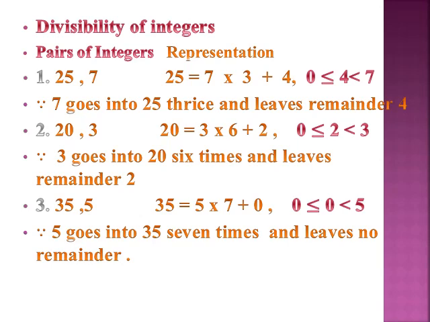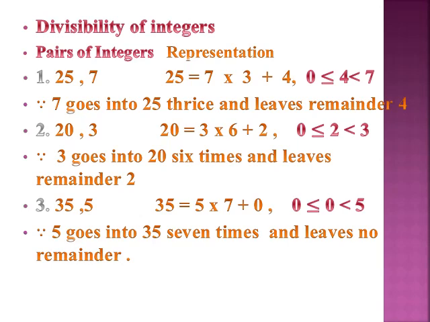Here 7 is the divisor, 3 is the quotient, and 4 is the remainder. So the condition is 0 less than or equal to 4 less than 7.